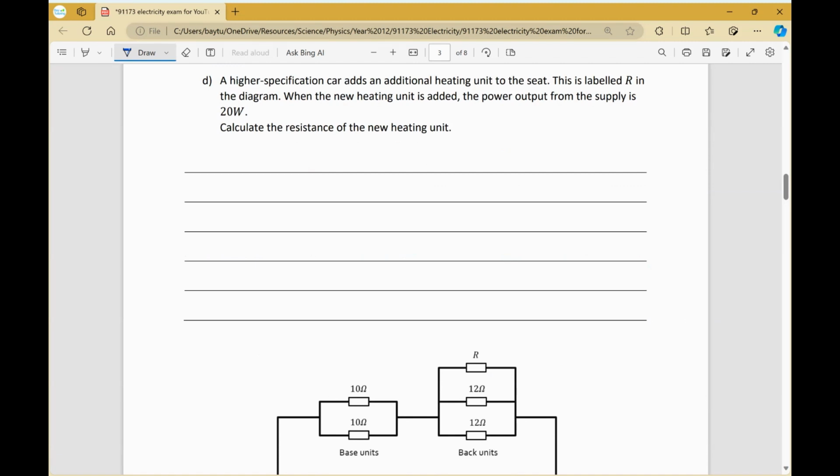So if we think about the formulas that we want to use, we've got P equals IV, and of course V equals IR. So P equals IV because power has been mentioned. And V equals IR, we know we've got voltage because we know that's still 12 volts. We don't know the current though. So let's write out what we know.